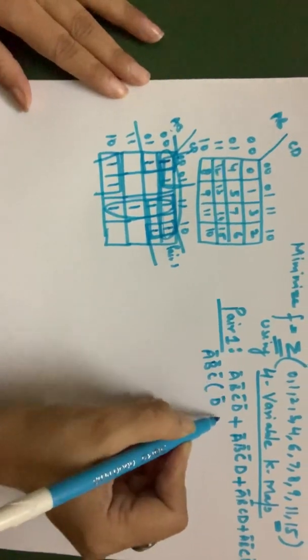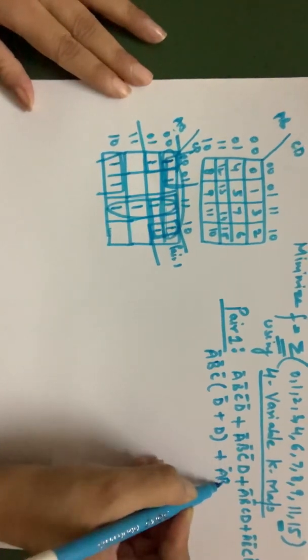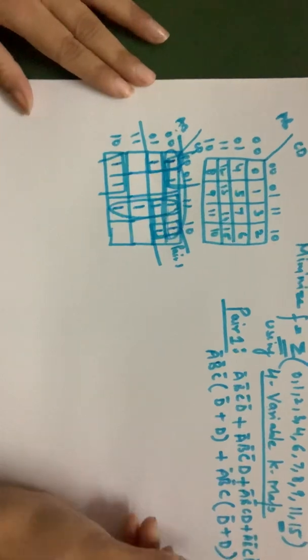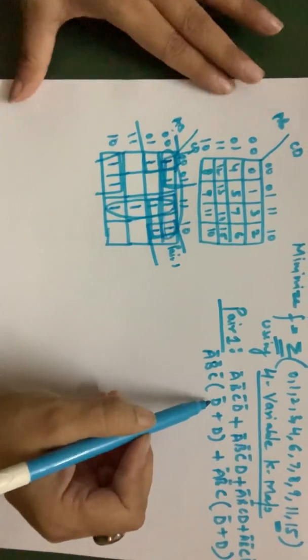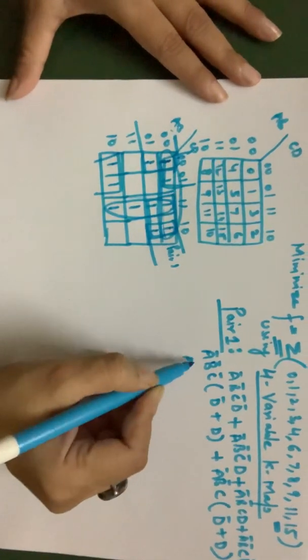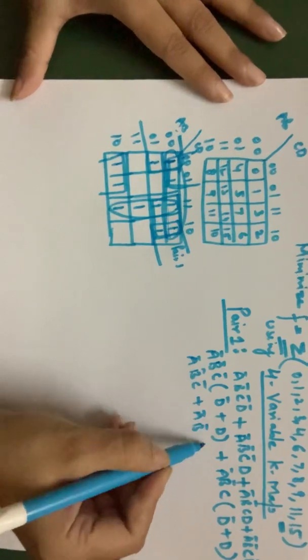So we can take D bar plus D, plus in the next case A bar, B bar and C is common. So D bar plus D, this D will be common. We know that D bar plus D through the identity rule equals 1. So we are left with A bar, B bar, C bar plus A bar, B bar, C.